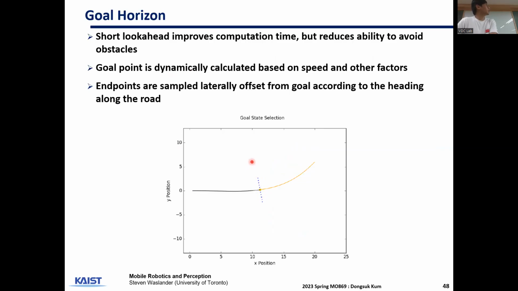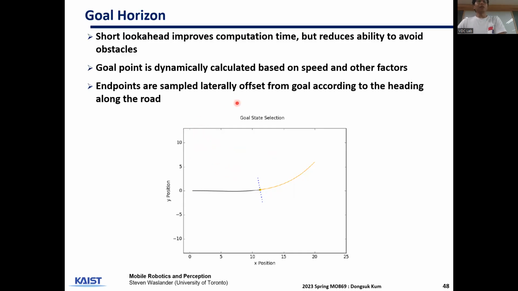the short look ahead. If the goal horizon is closer to your vehicle, it improves computation time, but it also reduces your ability to avoid obstacles. But if your goal horizon is much further out, then you can take into account more obstacles to get a much better solution.